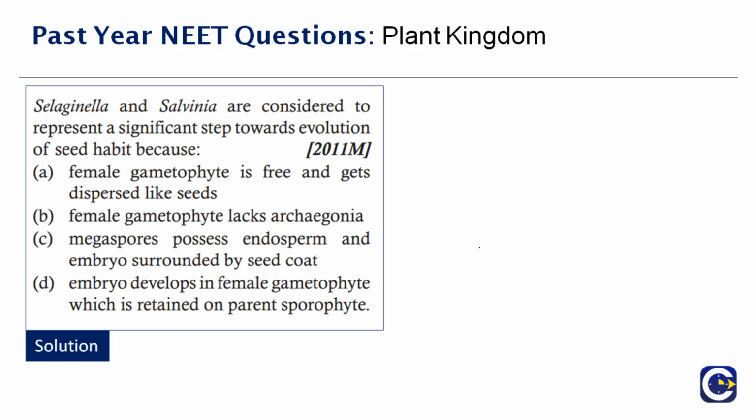These micro and megaspores germinate to give rise to male and female gametophytes. The gametophytes get retained on the parent sporophyte for variable periods. So the correct answer is option D.